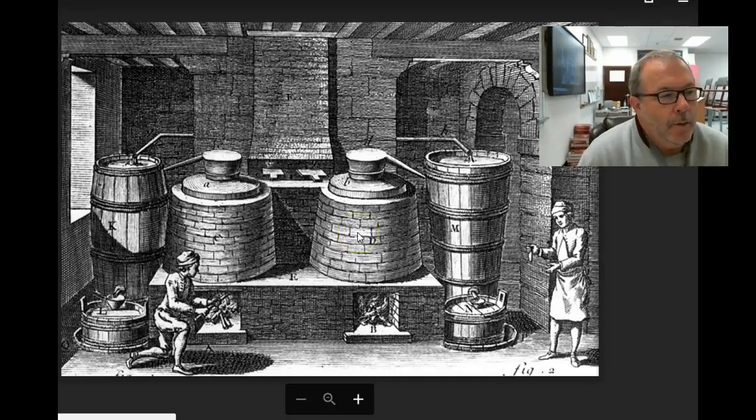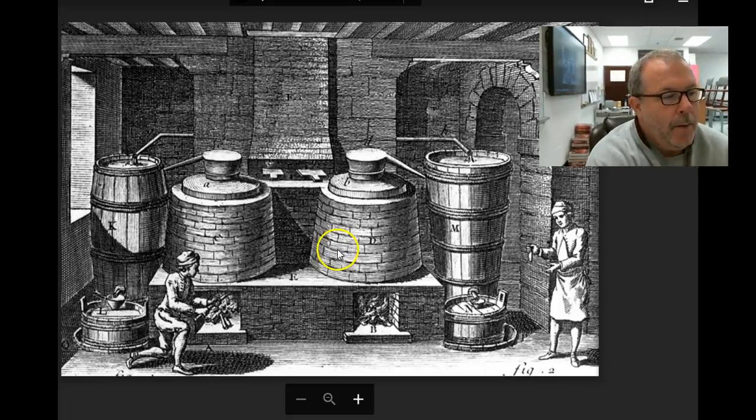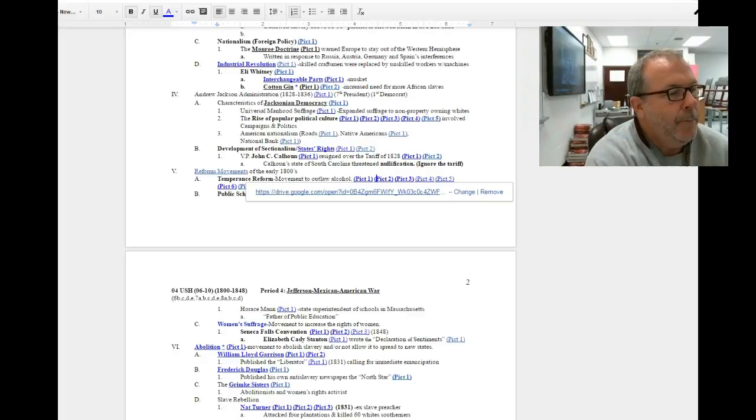The temperance movement was an interesting reform movement because alcohol was such an important part of Americans' lives, as you can see from this illustration here.